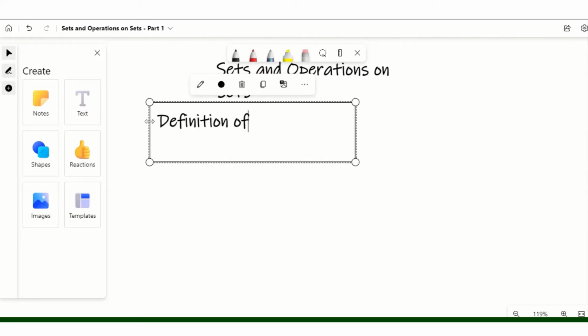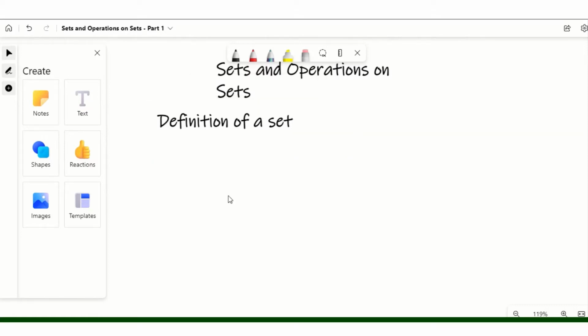Definition of a set. Now, how would you define a set? What is a set? In everyday life, we often talk about a collection of objects. For example, a team of players, a group of students, a collection of flowers, a box of chocolate.